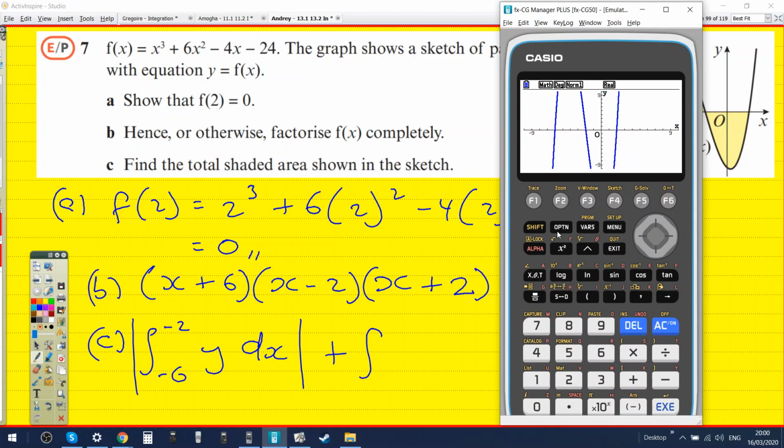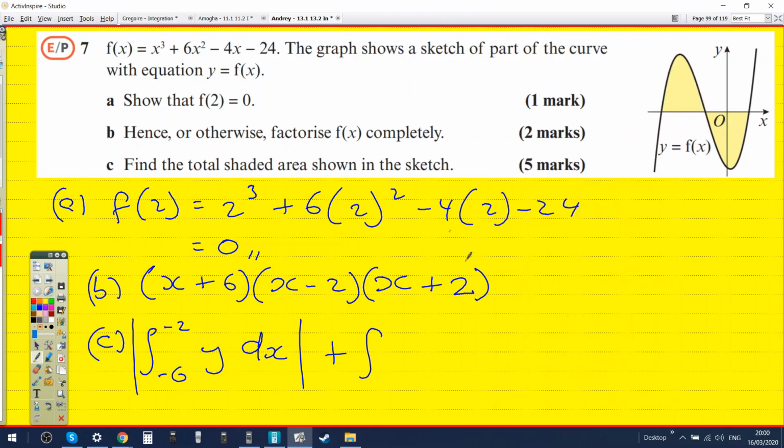So this one, you do shift graphical solve, press right, and you see the integral one? Yeah. And then you can do that one. And I used mixed. So with mixed, you go to one root, press execute, and then press right down to the other root, execute, and it shades it in for you.